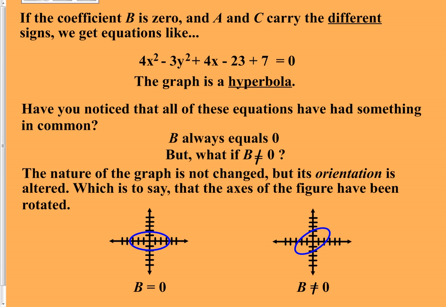As you can see down there on the left, we have an ellipse where b is equal to 0. If you allow b to change, we still have the exact same ellipse, same center, same major axis length, same minor axis length. However, its axes have been rotated.